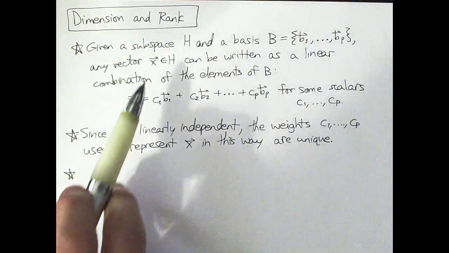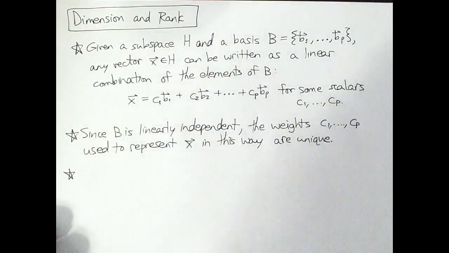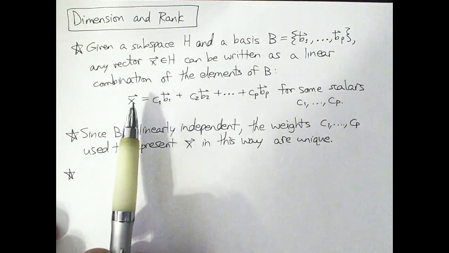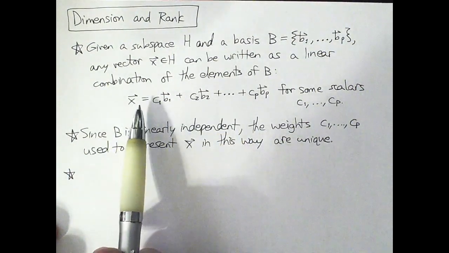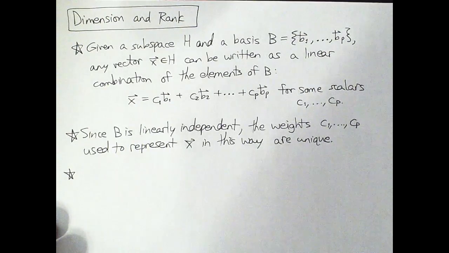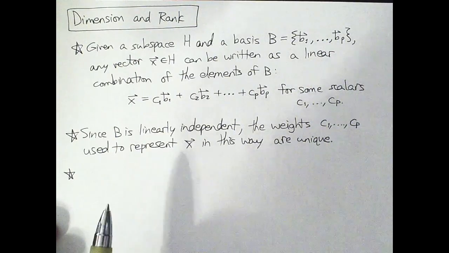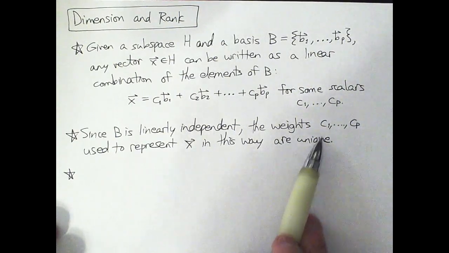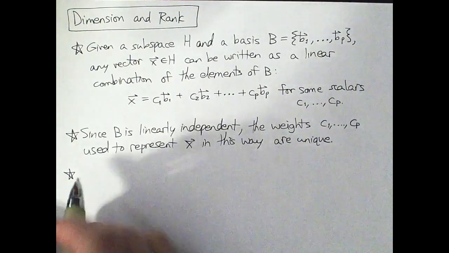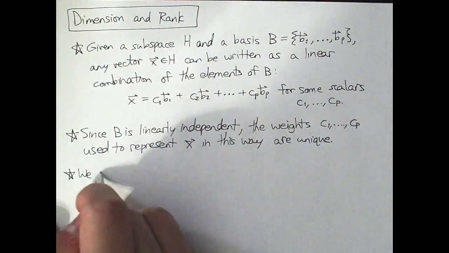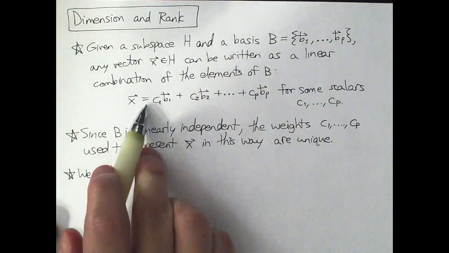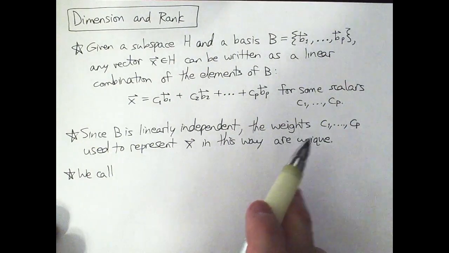So if I have a vector x in my subspace and I choose to represent it as a linear combination of the basis elements, I do it in a unique way. It's unique for that x, right? Each x has a unique set of weights.